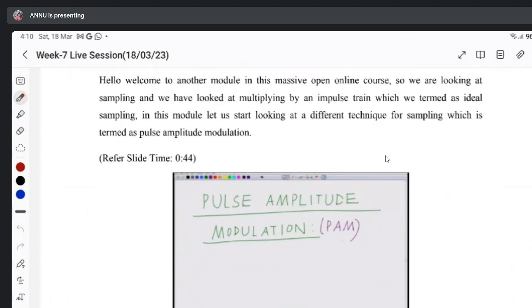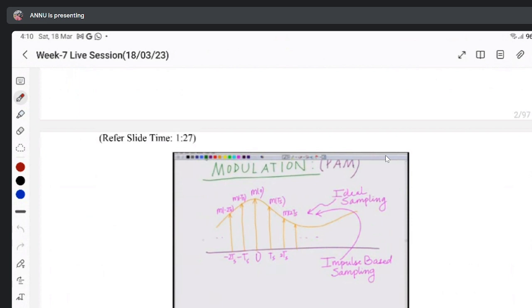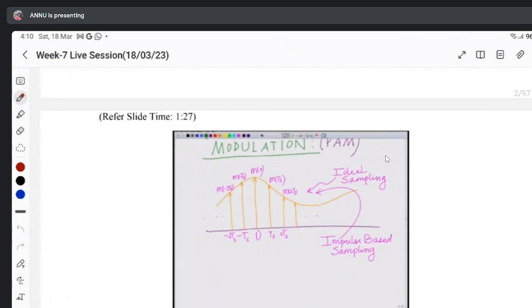Pulse amplitude modulation, which is PAM, is a digital modulation technique where we use a sample and hold circuit and the sampling process. In ideal sampling, you have the time domain signal, and in impulse sampling you multiply it with the impulse train. So that was the ideal sampling.